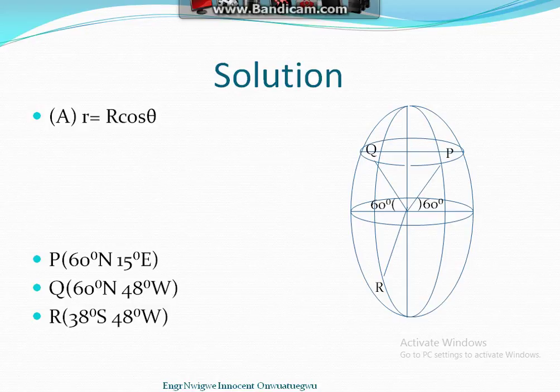Then we have that the small radius is equal to the big radius times cos of the latitude.